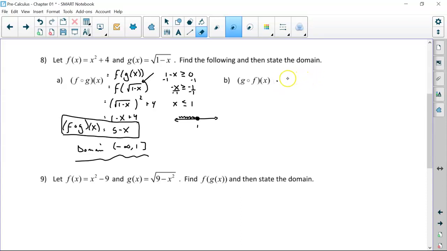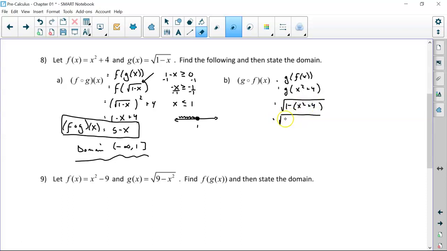G of f of x. So the function g at x squared plus 4. So the function g is the square root of 1 minus, and then in that open space, x squared plus 4.